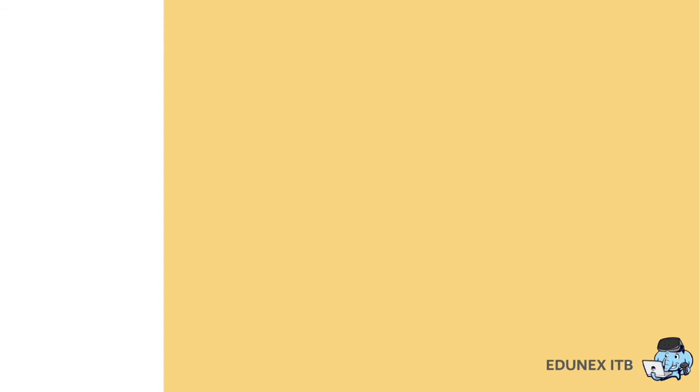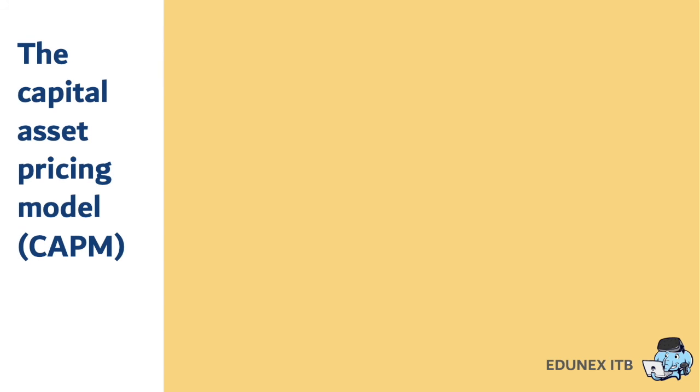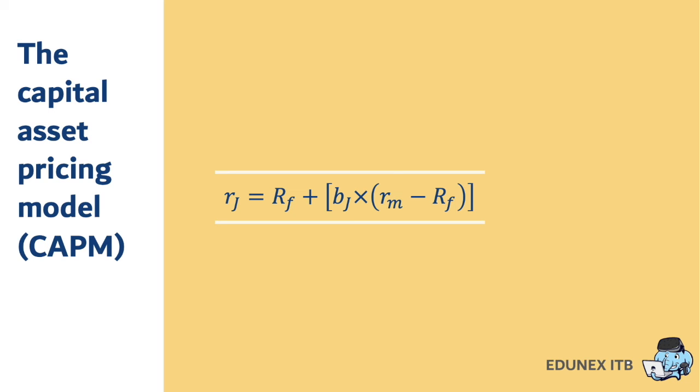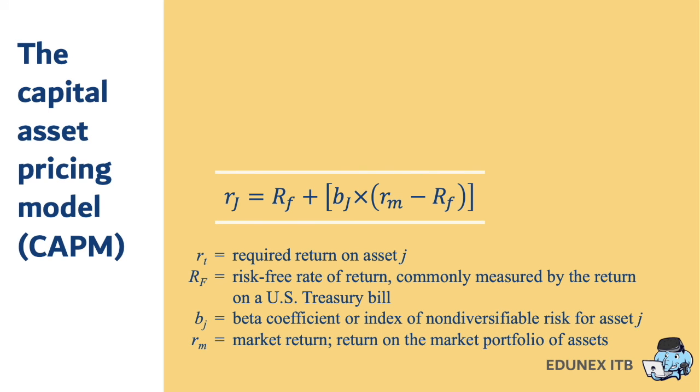Now that we know about risk and beta, here's the formula for the capital asset pricing model. Rj is the required return on asset j. Rf is the risk-free rate of return, commonly measured by the return from government financial instruments such as government bonds.